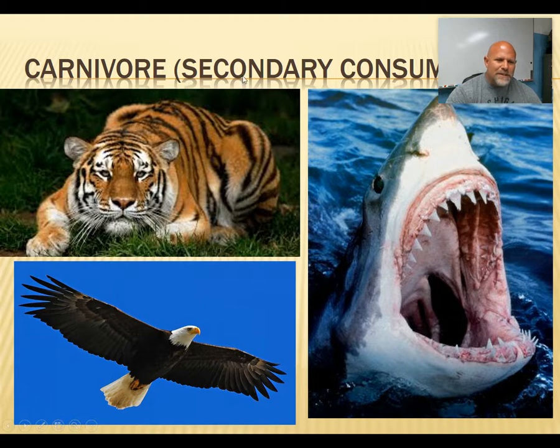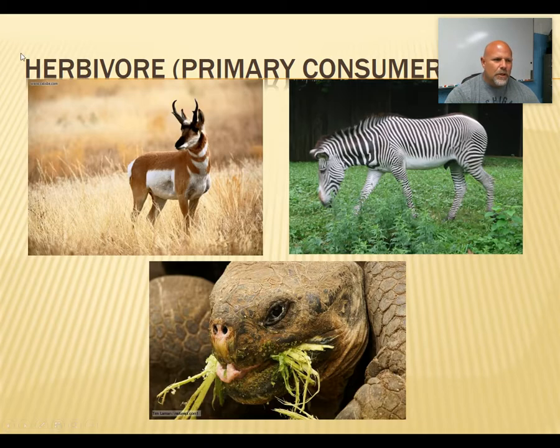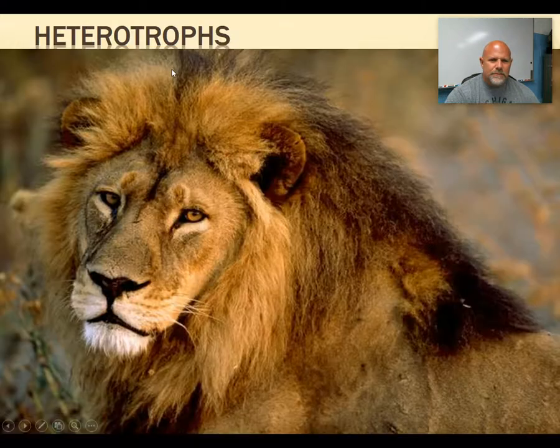Carnivores, also known as secondary consumers, are going to be meat eaters. Carni means meat, and vor means to eat. So carnivore, eat meat. Herbi means plant, vor, so plant eater.